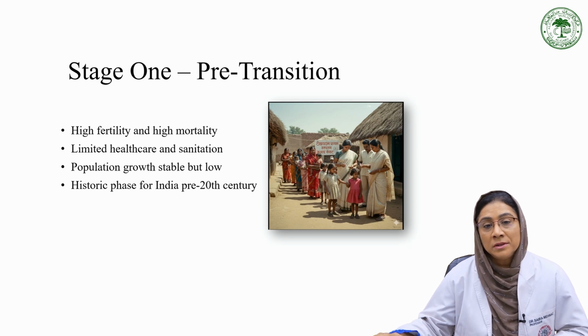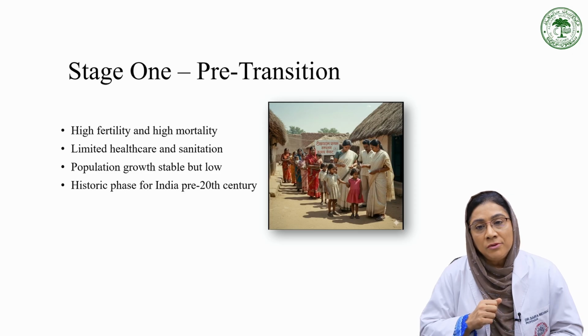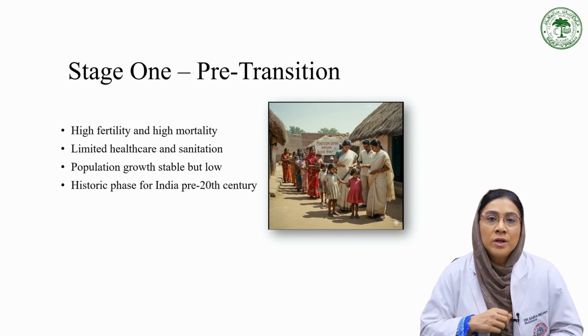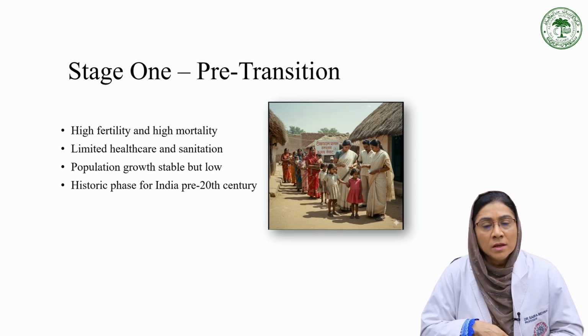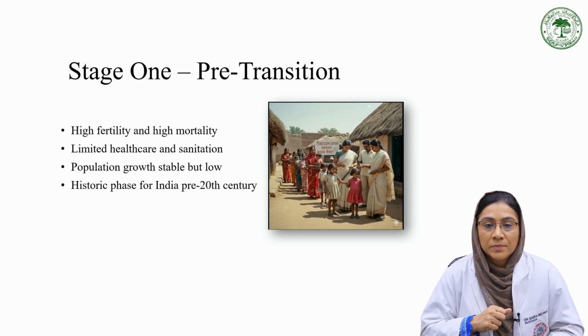Mortality is driven by infections, poor nutrition, unsafe water, and the absence of an organized public health system. So, even high numbers of births translate into only modest population increases.